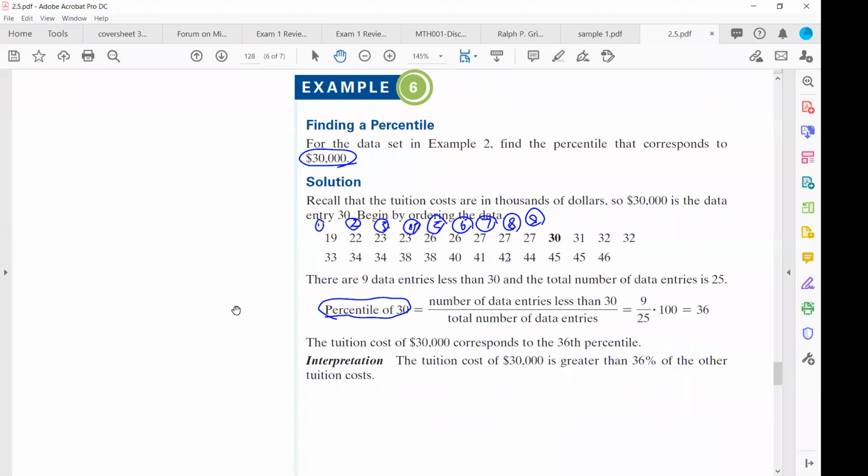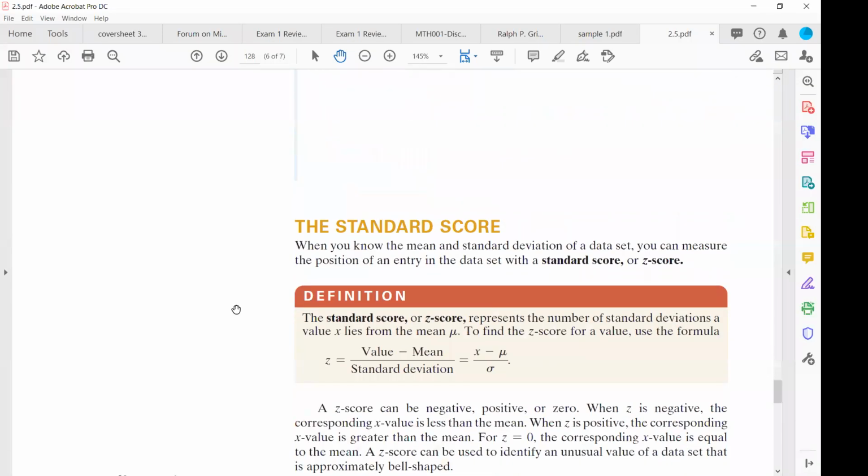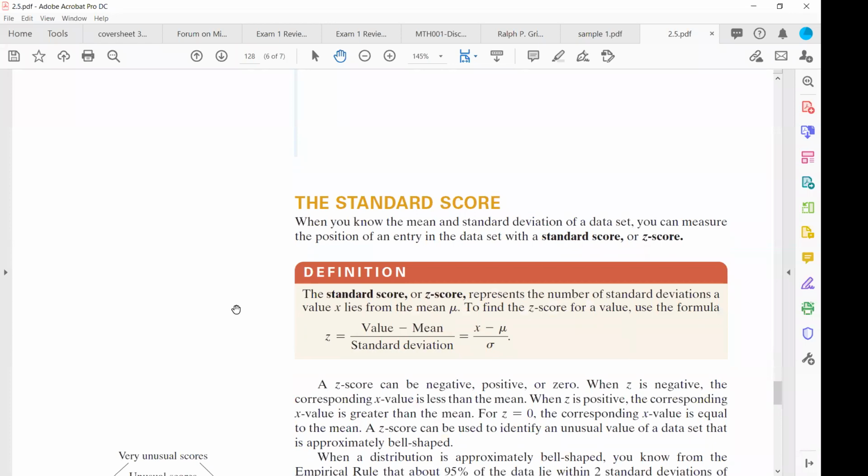Let us continue. The most important measure of position is the z-score or standard score. We're going to see this for the rest of the materials, and the z-value, z-score is very important. Very well.